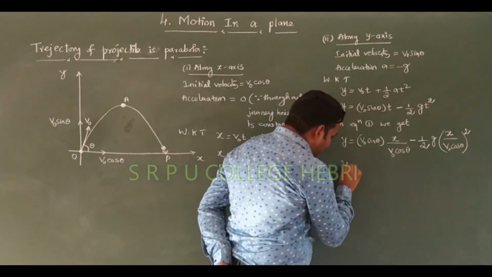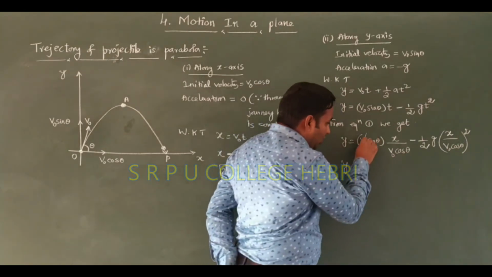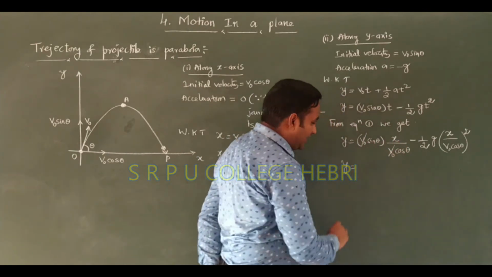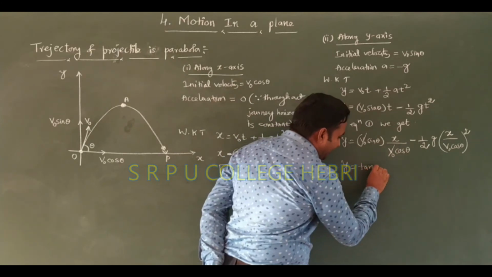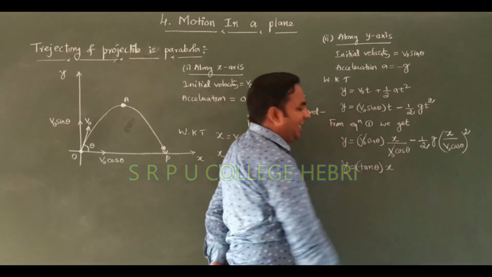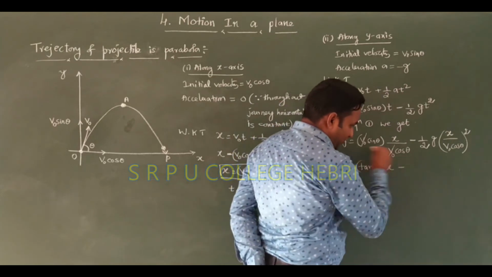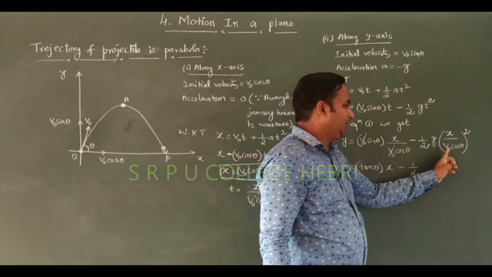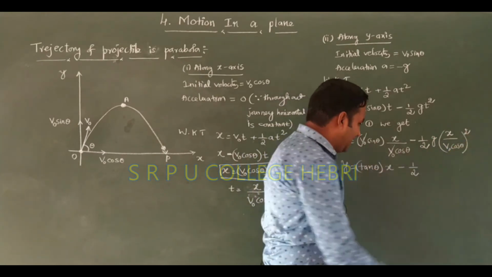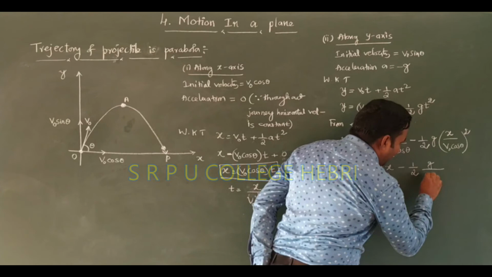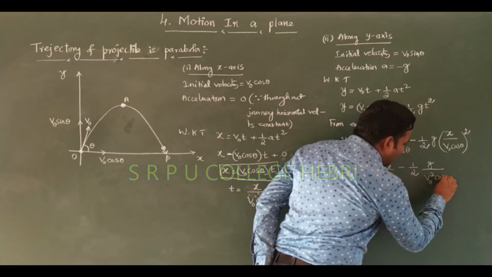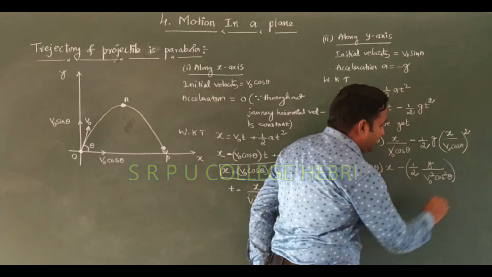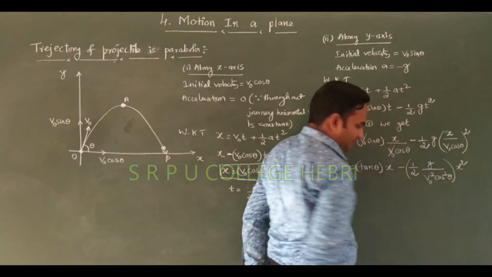On simplification, y is equal to, v naught gets cancelled here, sin theta by cos theta becomes tan theta into x, minus half, g divided by v naught square cos square theta. I will take this entire term together into x square.